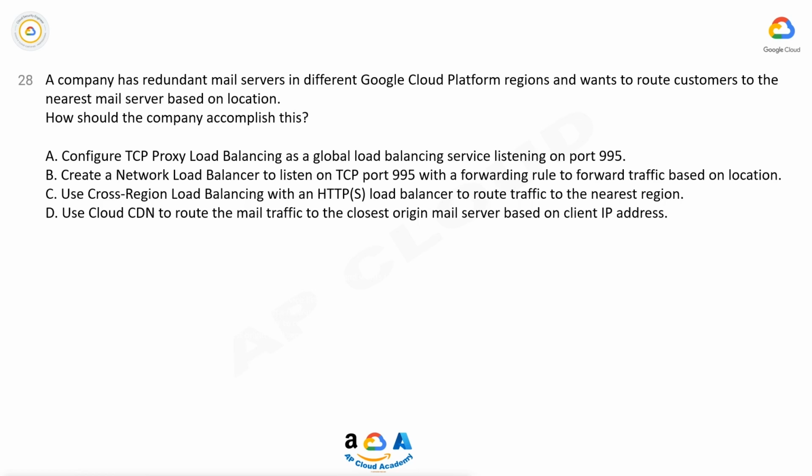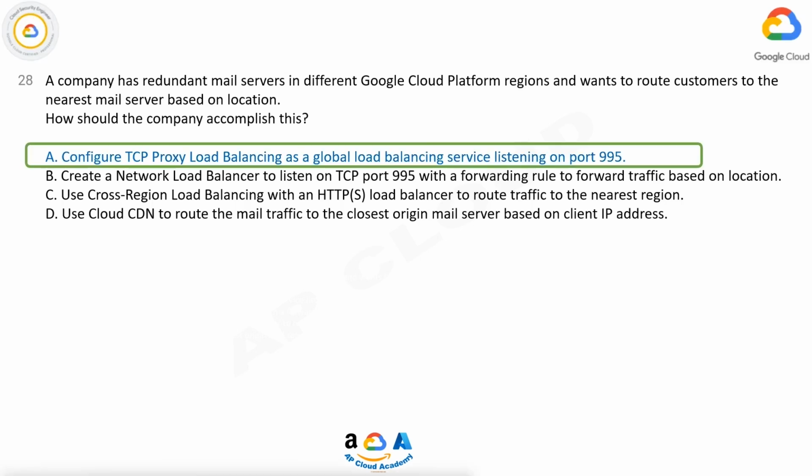B. Create a network load balancer to listen on TCP port 995 with a forwarding rule to forward traffic based on location. C. Use cross-region load balancing with an HTTPS load balancer to route traffic to the nearest region. D. Use Cloud CDN to route the mail traffic to the closest origin mail server based on client IP address. Correct answer, A.